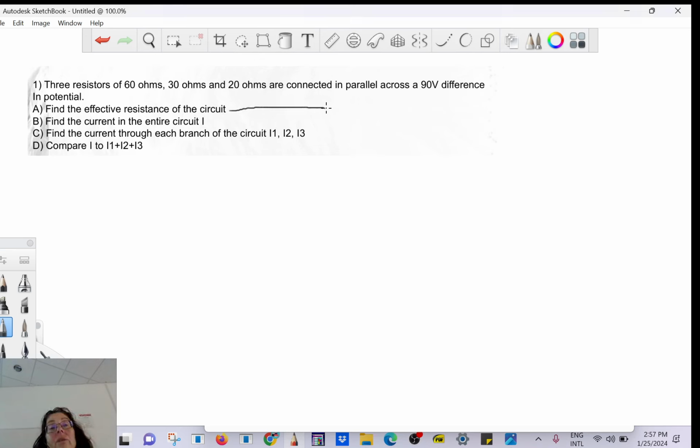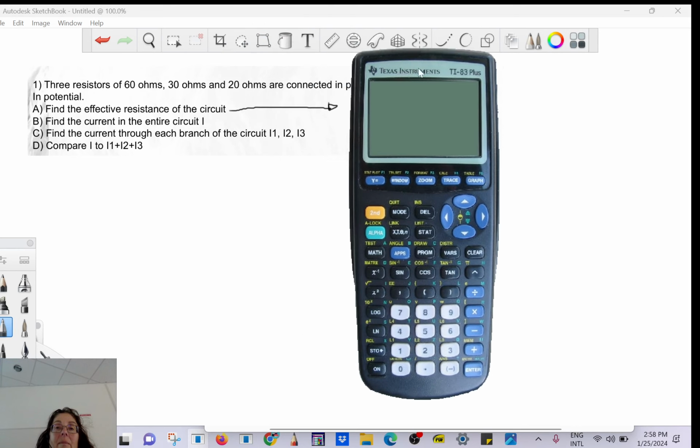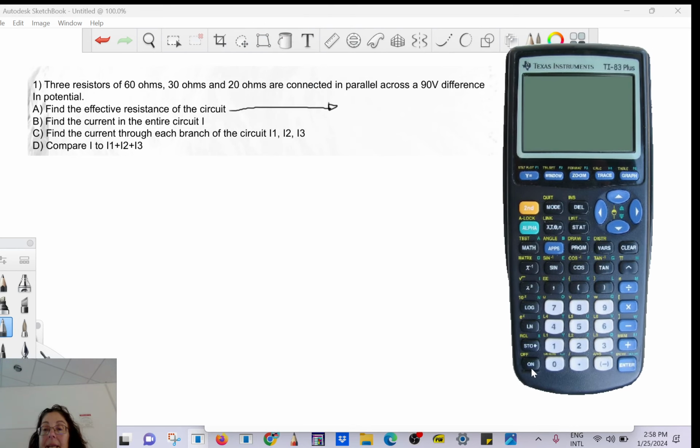So here, you don't have to draw. They're just asking you to find the equivalent resistance. So you have a black box, okay? You want to replace the three of them in parallel by a single one. So they are in parallel, so you just use the magic recipe. Let me know what you get. 10?